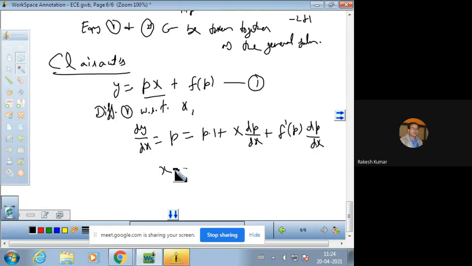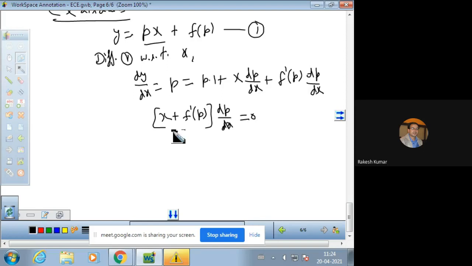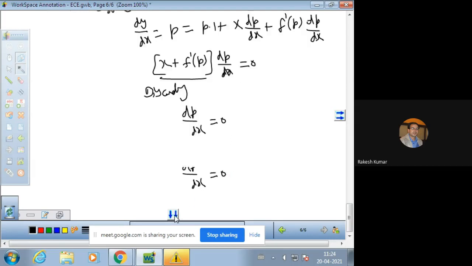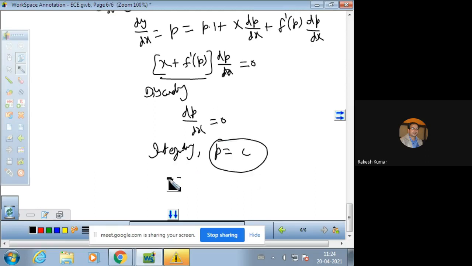Ultimately, we shall have x plus f dash p into dp over dx equal to 0. And you can discard this factor because it will not give you a solution. So discarding this factor, you will have dp over dx equal to 0. And after integrating this, you will have p equal to c. c is the constant of integration.